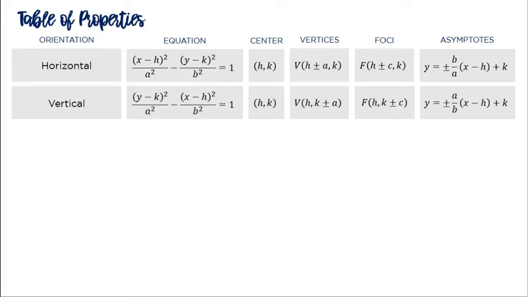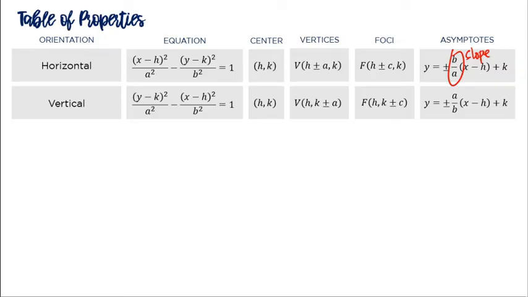And for the asymptotes, we have the equation y equal to plus minus b over a times the quantity x minus h, plus k. Please take note that b over a here in the equation is just the slope of the asymptote. Okay? Now, for the vertical hyperbola naman, so the same pa rin yung center, yung vertices natin, nagkabaliktad lang.